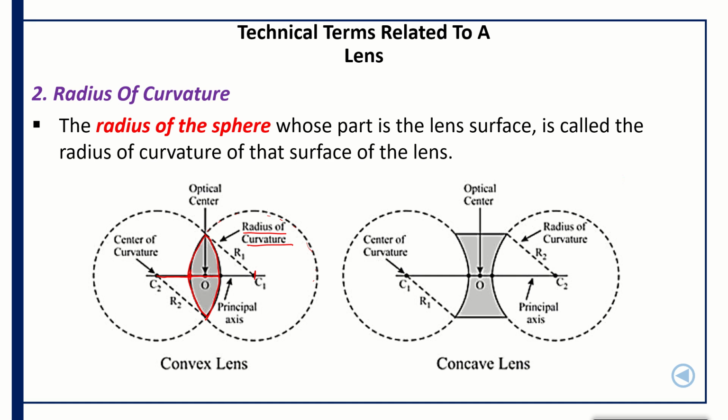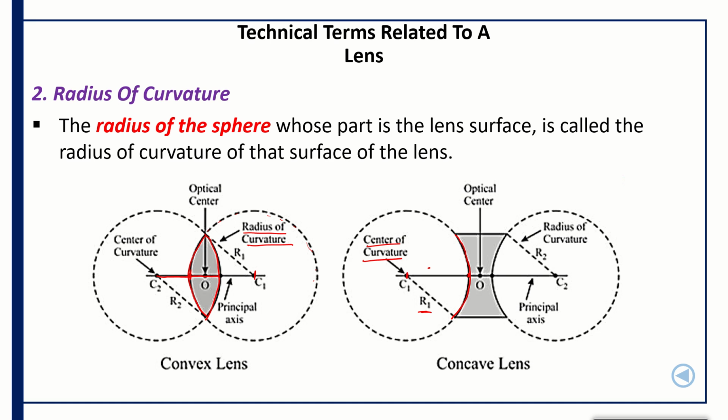In the case of concave also, we have taken the surface of the concave lens as part of some sphere. So we have already understood what the center of curvature is. The distance from the center of curvature to the surface of the lens is the radius of that sphere, and that radius is known as the radius of curvature.